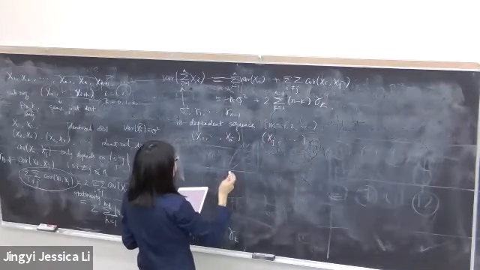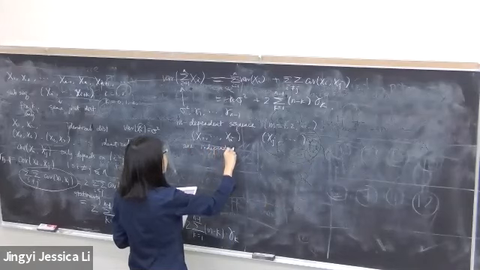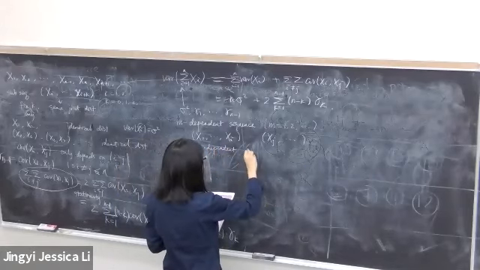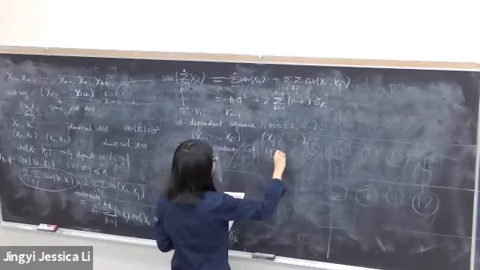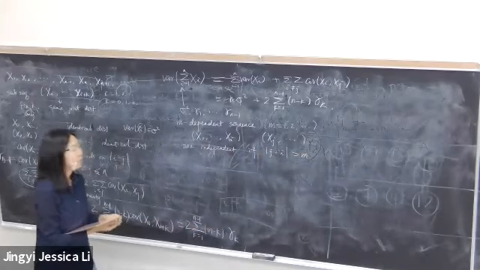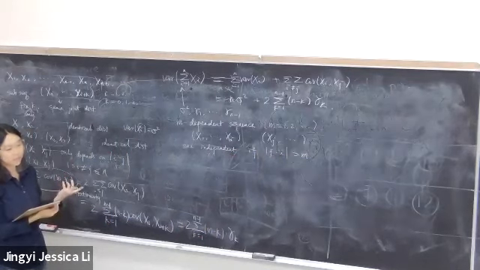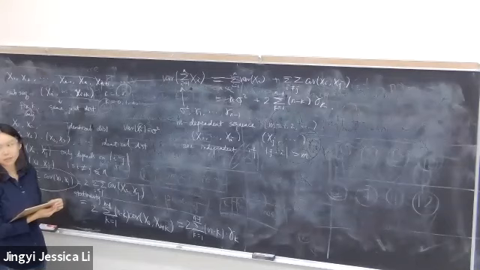Now I want to say that they are independent if j minus i is greater than m. So this is what we mean by an m-dependent sequence. It means that if my random variables are apart by at least m, if their gap is at least m, then they're independent.